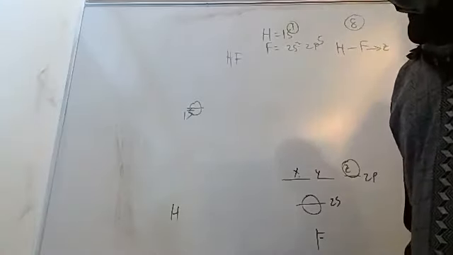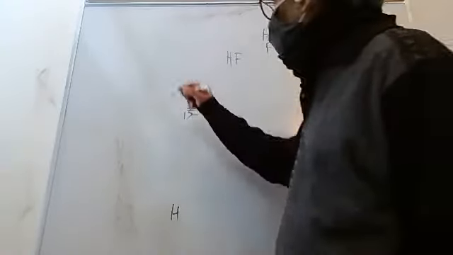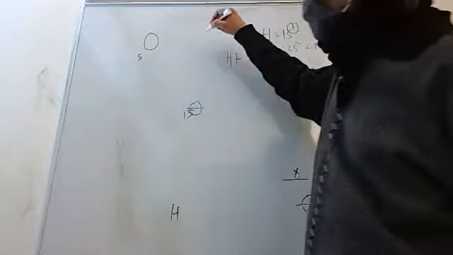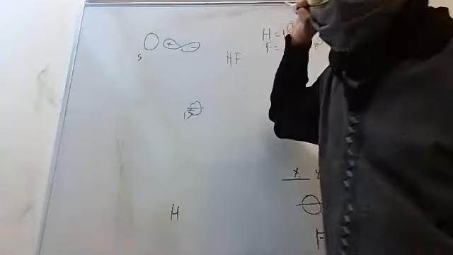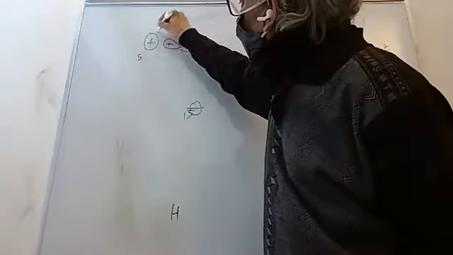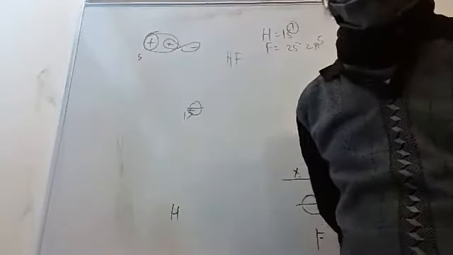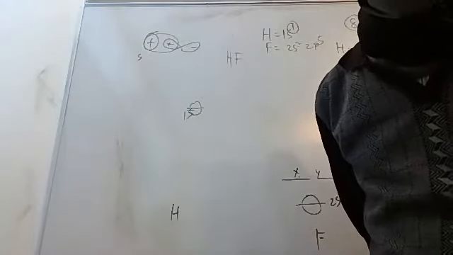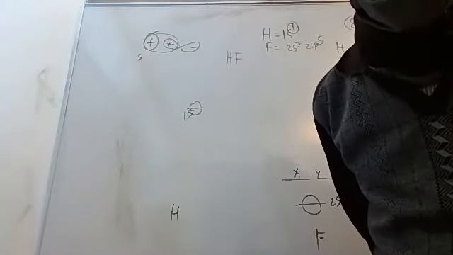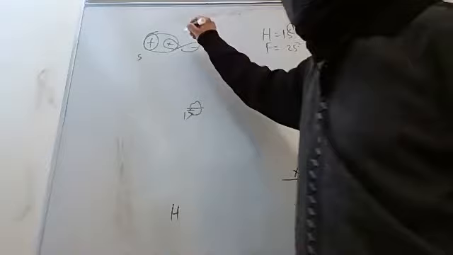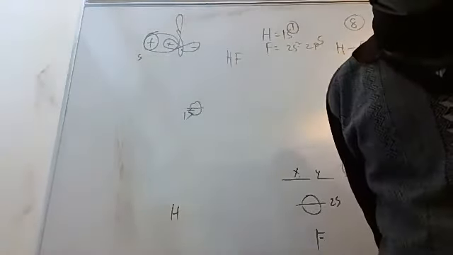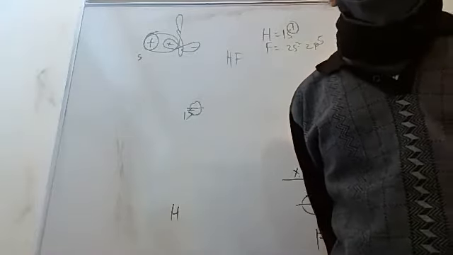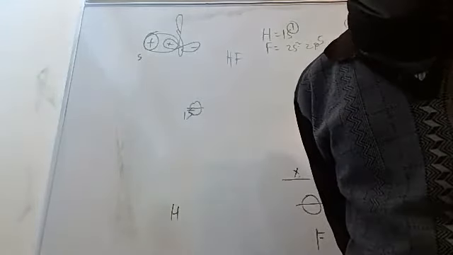For those of you who are wondering about this, it's a very straightforward thing. When you have s, which is spherical, and a pz, which is oriented along the molecular axis, there is an interaction, a constructive interference between the s wave function and the p wave function, right? But on the other hand, if you have px or py, they are orthogonal to the s, which means they're perpendicular. For that reason, they cannot mix.